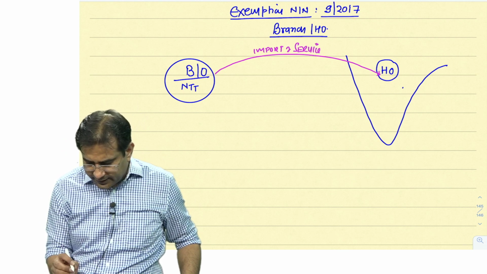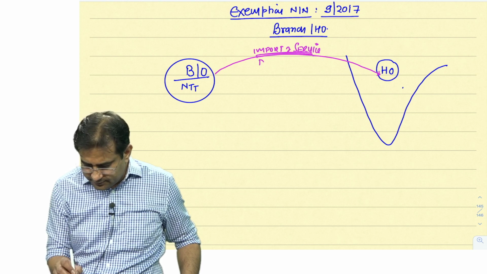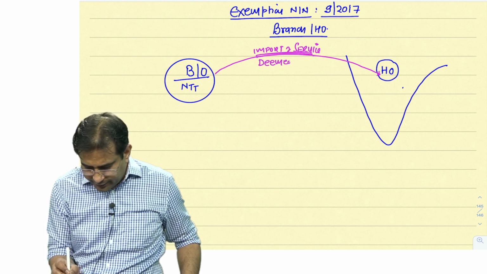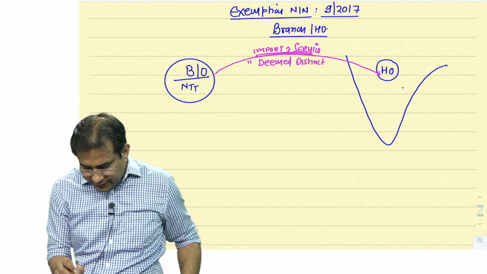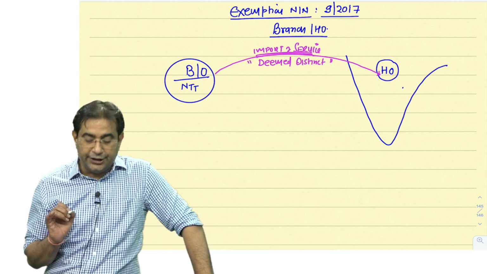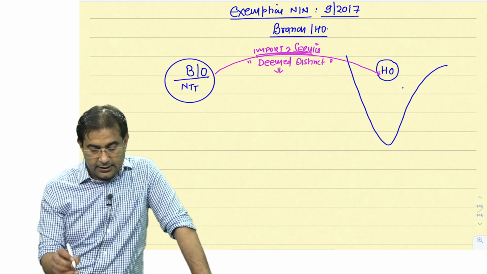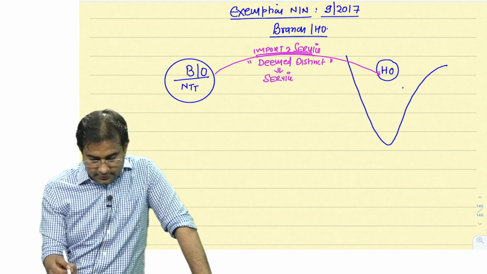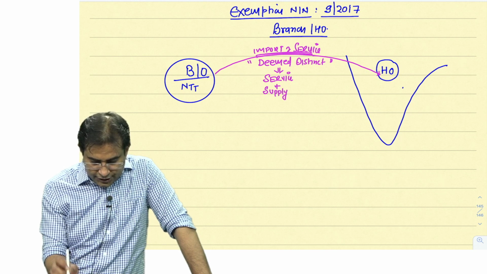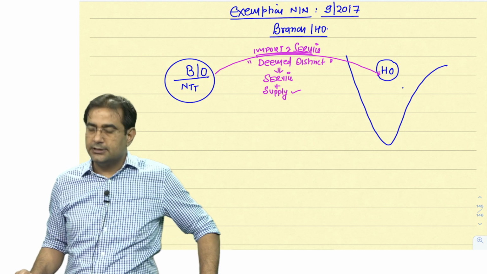We know very well that in import of services, both are deemed distinct persons. Due to deemed distinct persons, the transaction between them will always be treated as a supply.